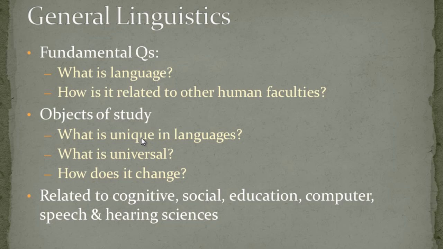How gender discrimination may be reflected in the different languages. How your language tells other people about your background, about your social status, even your pronunciation, right? So it is related to social studies, it is related to education, especially in science.